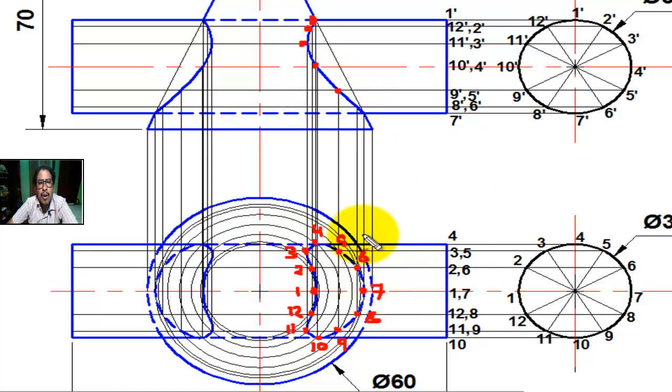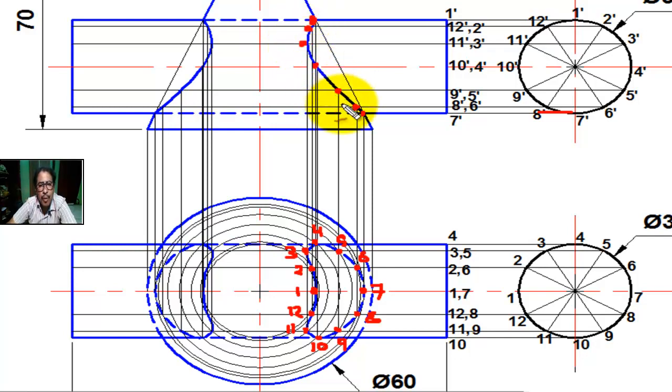From 6, draw vertical line. From 6 dash, draw horizontal line. From 7, draw vertical line. From 7 dash, horizontal line.